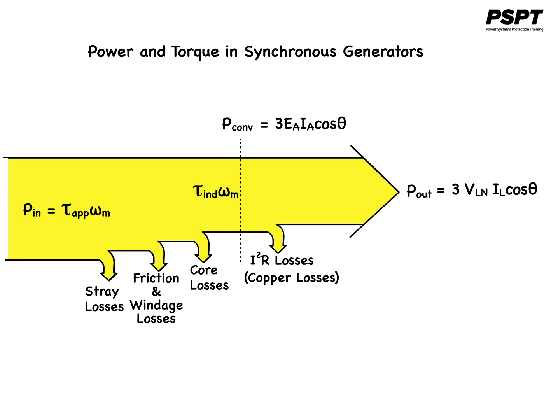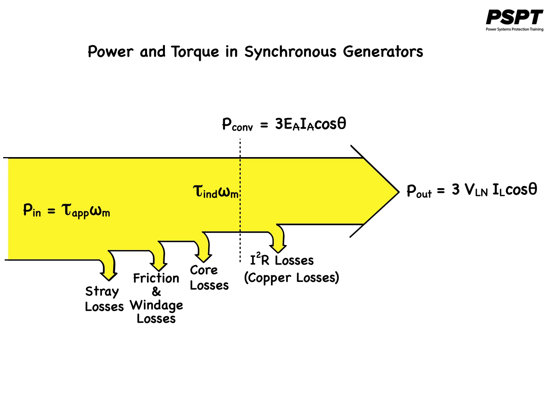The input power is the mechanical power of the shaft, and that's given by the torque times the angular speed of the rotor. The converted electrical power is given by 3 times each phase coil voltage times each phase current times the cosine of the angle between them.